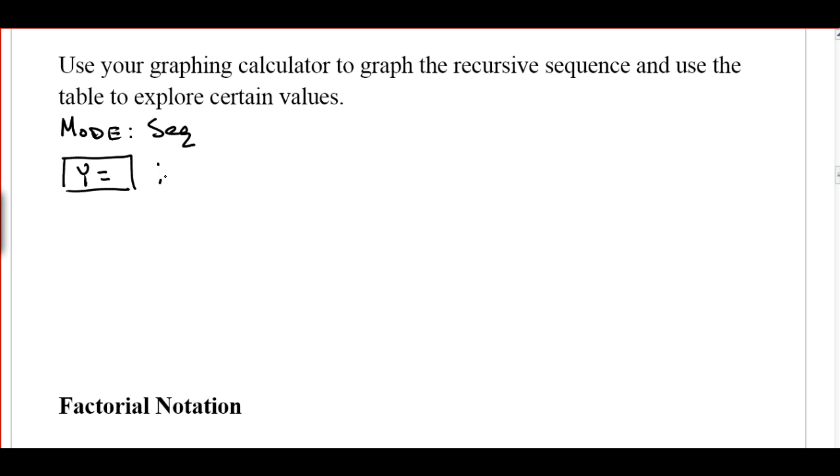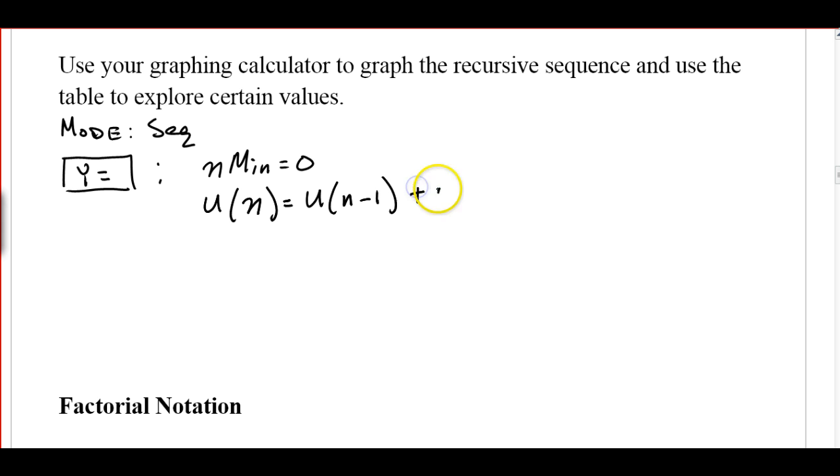For this one, we want to set our n min to 0. And for u sub n, we want to make this u sub n minus 1 plus u sub n minus 2.